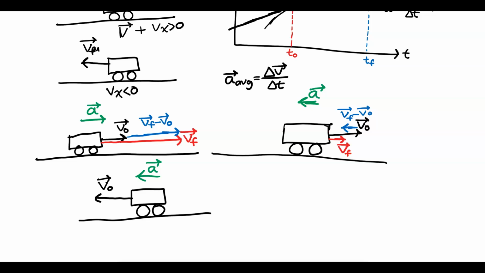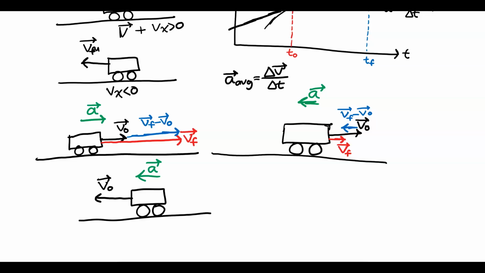So what you can interpret this as is that the acceleration increases the velocity vector's magnitude in the direction it's pointing. So if acceleration is pointing in a negative direction, then the velocity vector will become more and more negative.